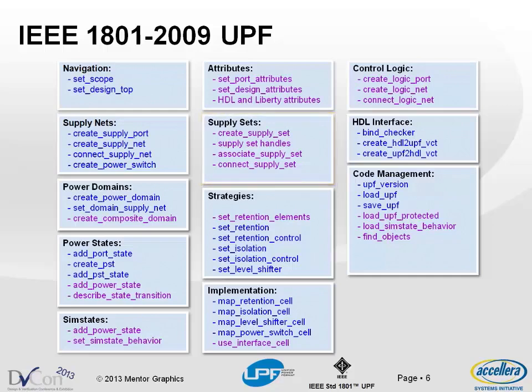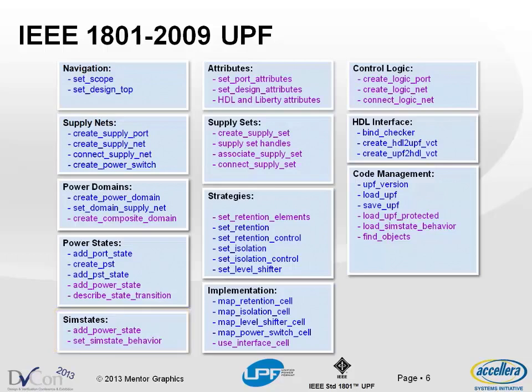In particular, it led to a new way of defining power states, which we'll get into later, but it allows you to think about the problem of power intent specification in a much more hierarchical fashion. That's the key issue. It also led to the creation of something called sim states, which are ways of modeling the behavior associated with power supplies, and provided a new set of behavioral modeling capabilities that weren't present in the previous version of UPF.